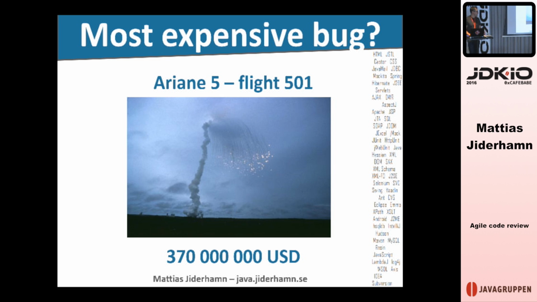So in this case, I think it was at least 370 million US dollars. Some say up to 500 million US dollars. Fortunately, most of us aren't working on space rockets, where numbers like that may be lost when we're doing something wrong. But we can still learn something from these examples.